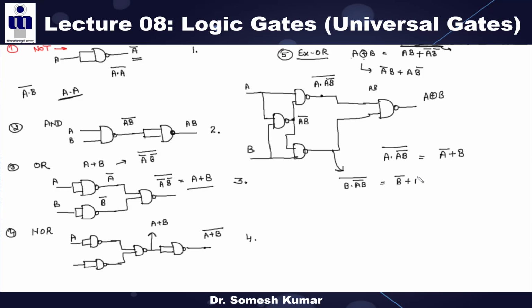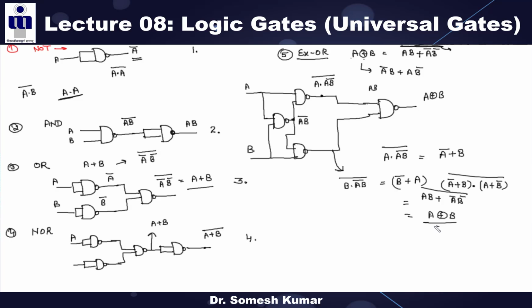B bar plus A, right? These are the inputs of this next NAND gate. Now tell me, A bar plus B dot A plus B bar whole bar. What is the output of this? If you open this, you will get the result, and this is the XOR.